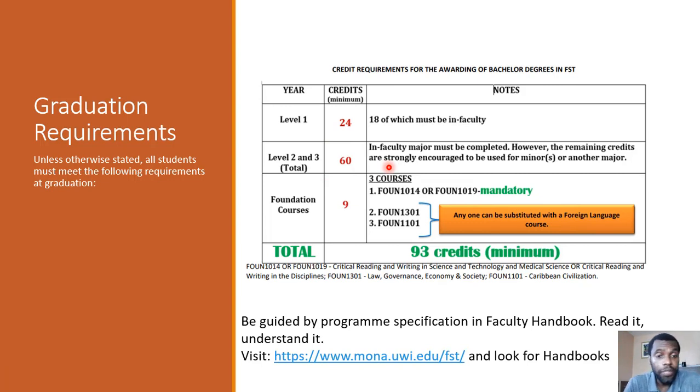Well, if your major is computer science, for example, you're going to need to have a minimum of 39 advanced credits from computing courses. Now, we've defined 30 of those credits for you. The other 9 credits you're going to have to get from any advanced, that is levels 2 or 3, computing course. Okay, so that's been defined for you. So you have to get those kinds of details from the faculty handbook.